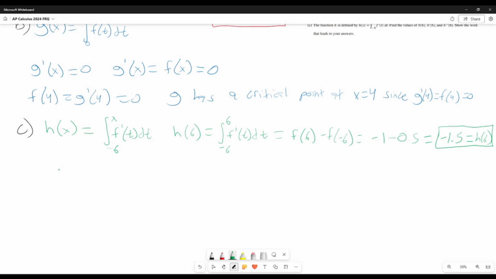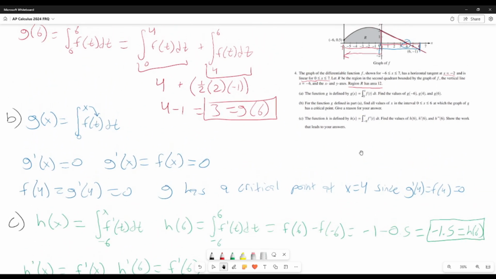Next up, it wants us to find h prime of 6. So h prime of x is just going to be equal to f prime of x. So h prime of 6 is going to be equal to f prime of 6. So once again, let's go ahead and scroll back up. We know that from 0 to 7, this is linear.